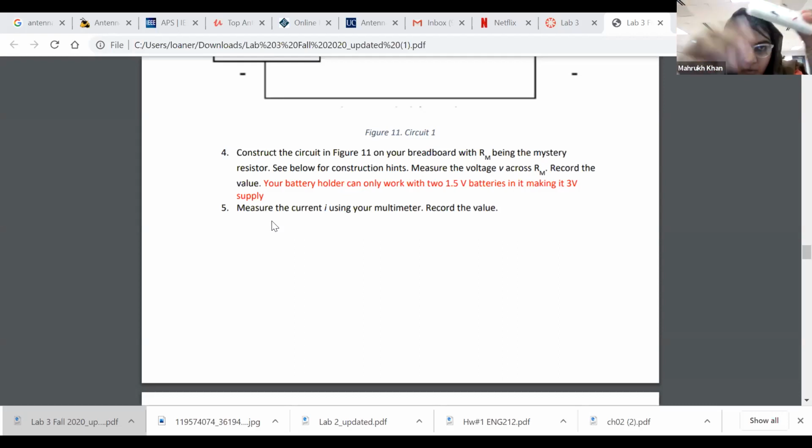Now I will put two small wires so that I can access the lead easily. You need to be careful that your wires are not touching any other wire. So this is how it looks.